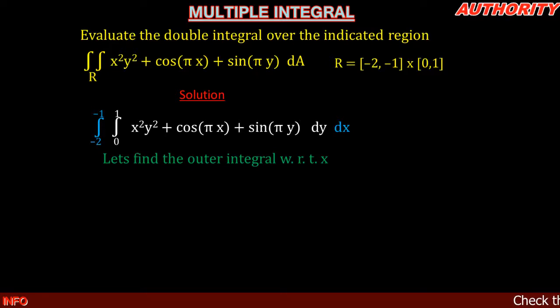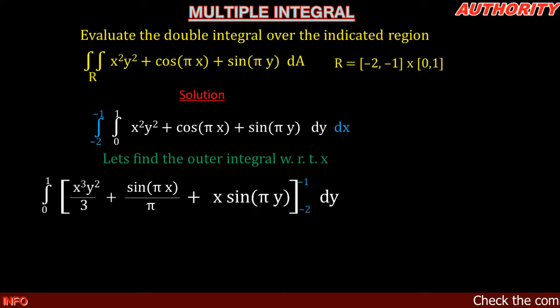Now taking the outer part, that means we're going to say the integral over the region 0 to 1, we integrate with respect to x and hold every other variable, y, constant. So when we integrate x squared y squared, we're going to have x cubed y squared all over 3.